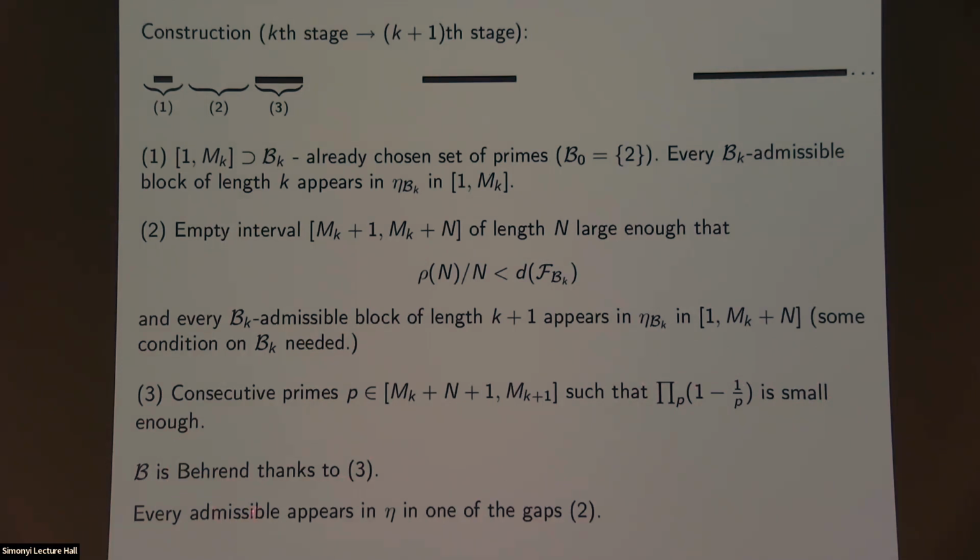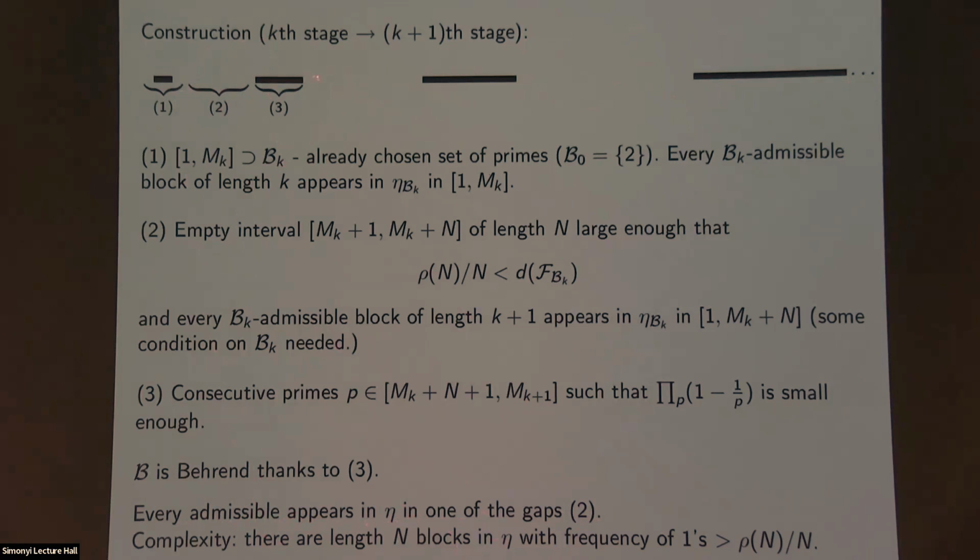Every B-admissible block appears in eta because it appears in one of the gaps we left free. And finally, the complexity is achieved because in eta, in these regions, you find length n blocks with the frequency of ones which is at least like that, at least this.